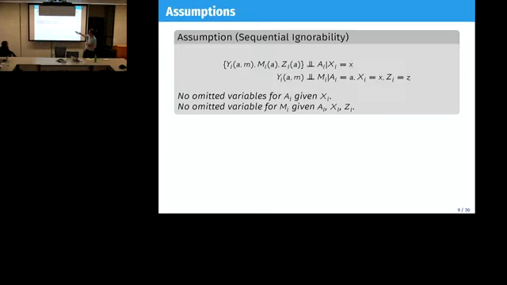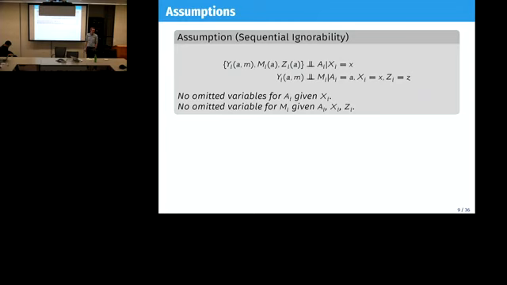The ones up here are the potential outcomes for M and for Z at different levels of A. These are counterfactual quantities that could exist. What this is saying is that the treatment conditional on X is independent of those potential outcomes, for all values of m. Well, M is a random variable in this case, so we're not conditioning on M or anything like that. It just says that it's independent of that quantity.